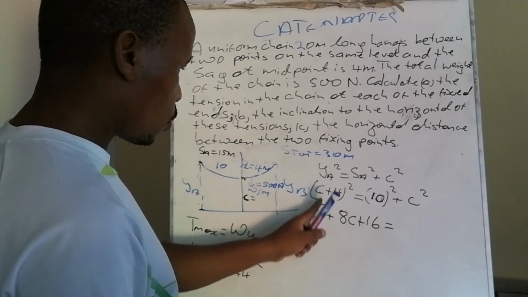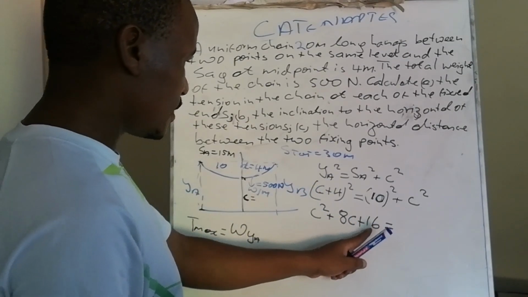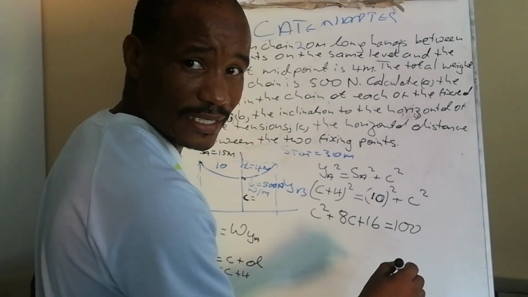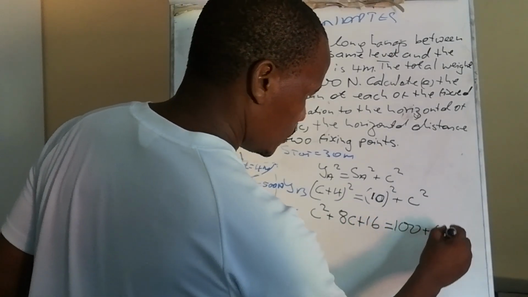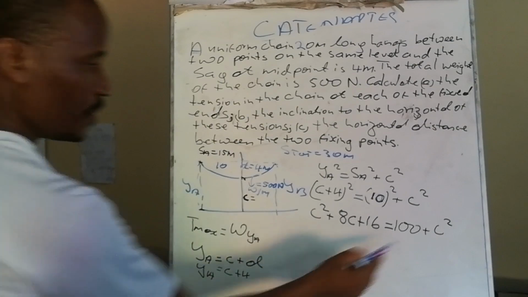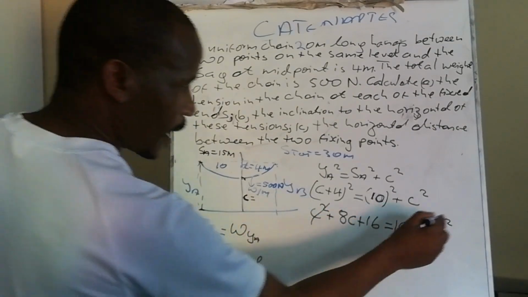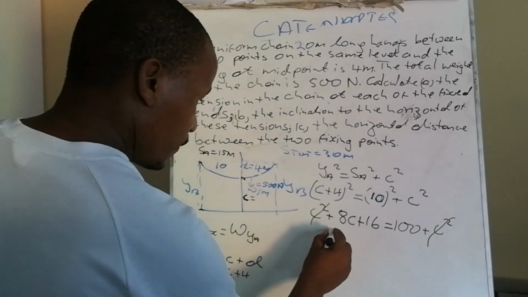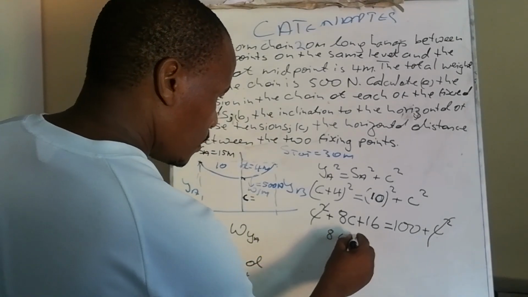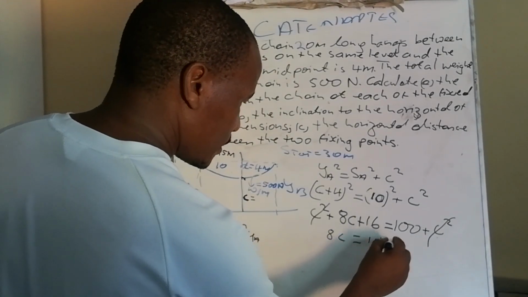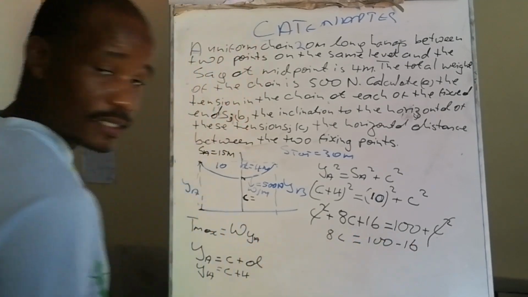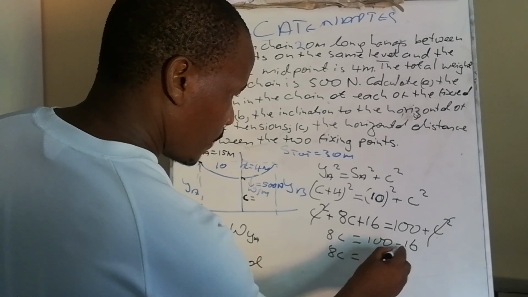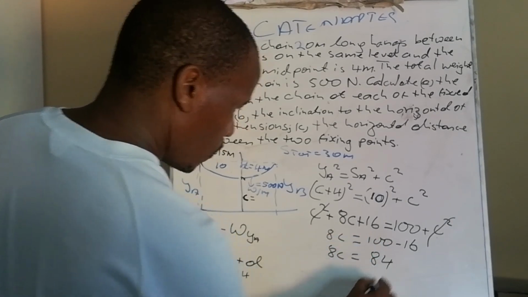So it's C squared plus 8C plus 16 is equals to 10 squared, which is 100, plus C squared. Now, if this comes this side, this gonna cancel that. You're gonna be left with 8C is equals to 100 minus 16. 8C is equals to 84.